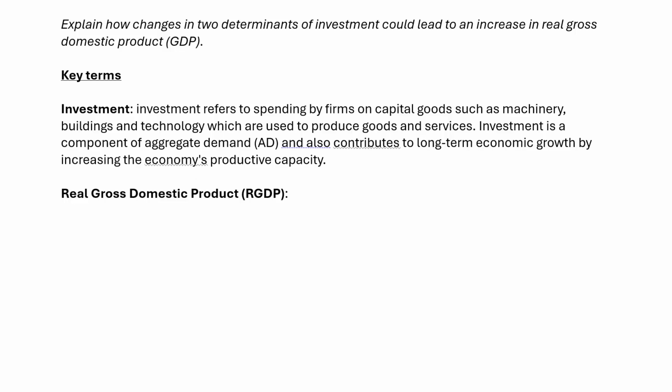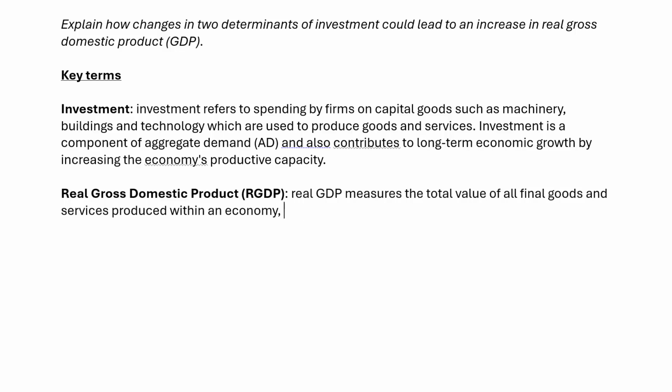Okay, so the second key term we probably need to define is this idea of RGDP. Real GDP measures the total value of all final goods and services produced within an economy, adjusted for inflation.